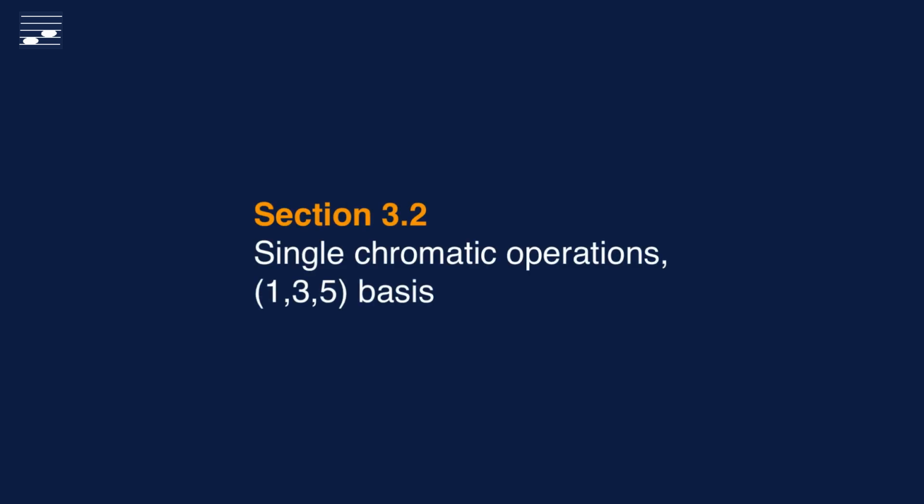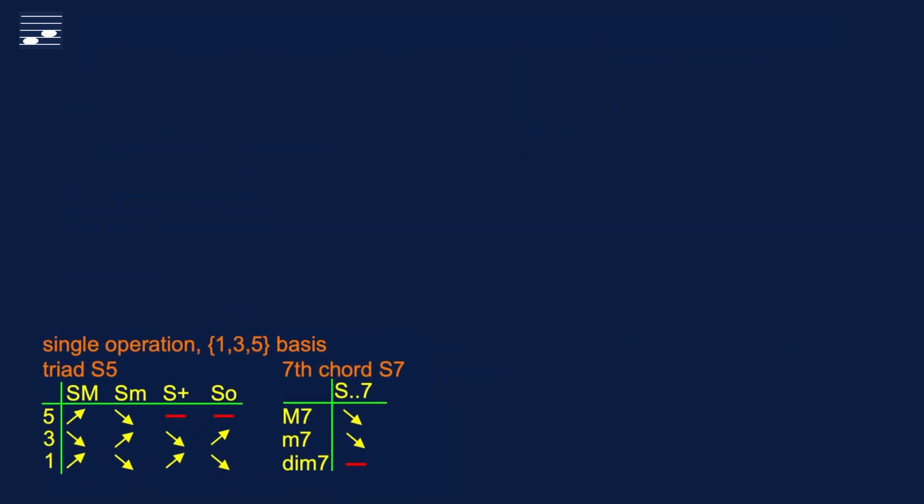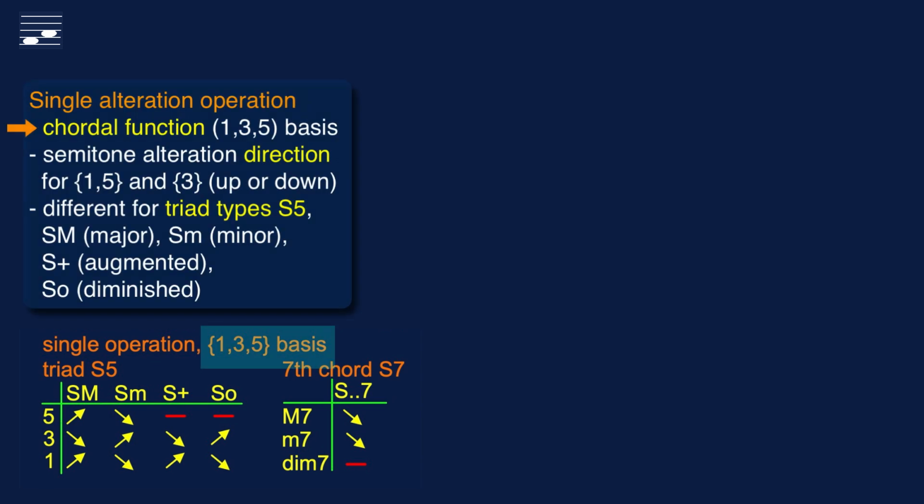In this harmony system, we may have multiple parallel chromatic operations, but we'll start with the single alteration operation. It is also important to realize that this process is applied to 3 adjacent chordal functions, where the most common is the 1-3-5 basis, the combination of root, third and fifth. Listen to the alteration direction of each chordal function for each triad type, starting with the major triad.